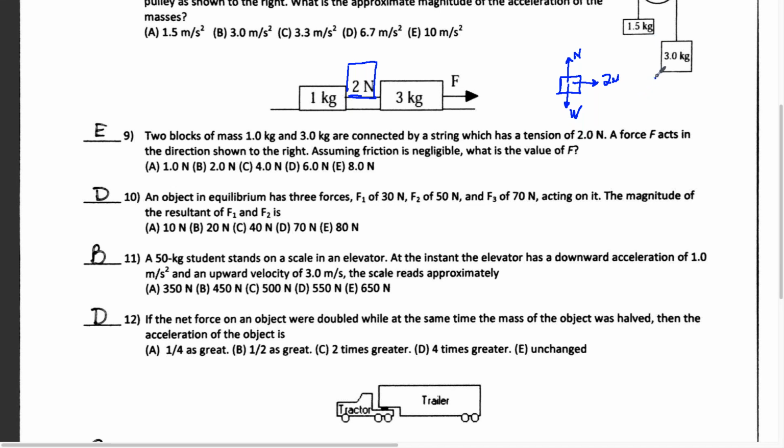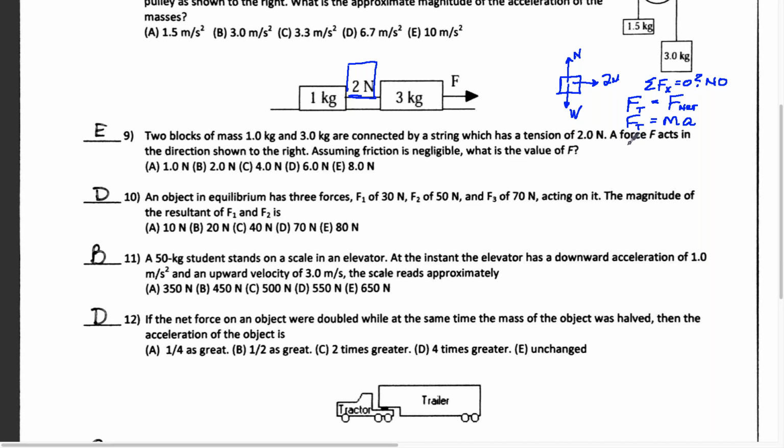And so I could say, is the sum of the forces in the x direction equal to 0? The answer to that is no, because there's only one force. It's 2 newtons, acting to the right. So my dynamics equation would be tension is equal to the net force, or tension is equal to mass times acceleration.